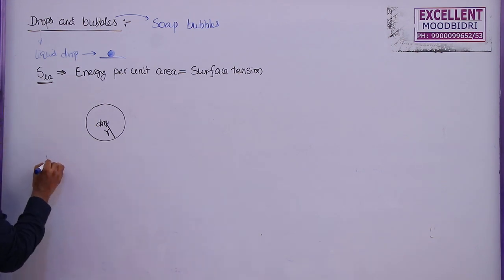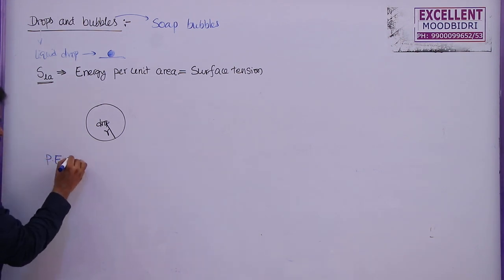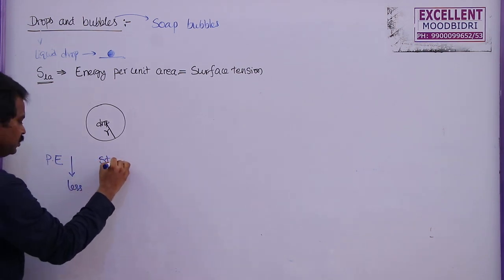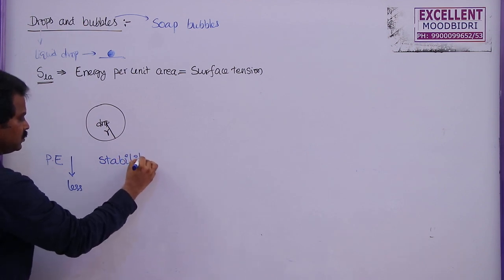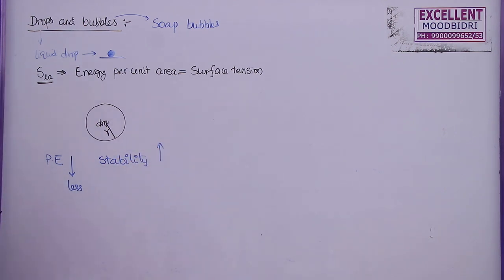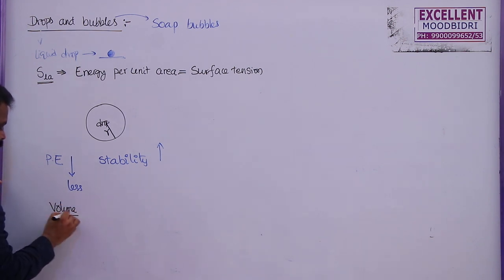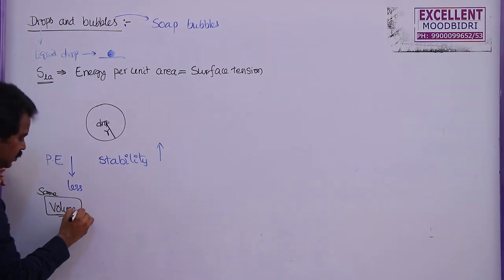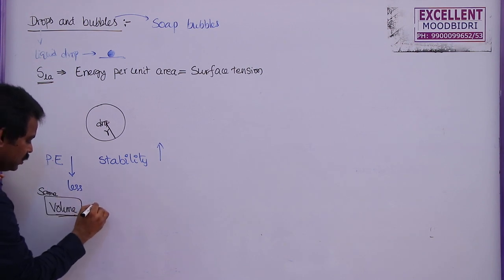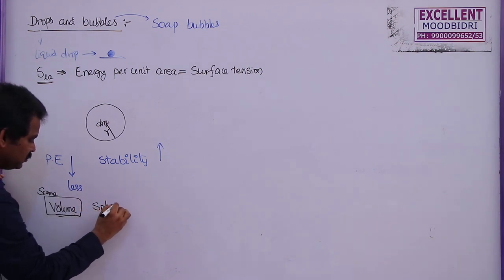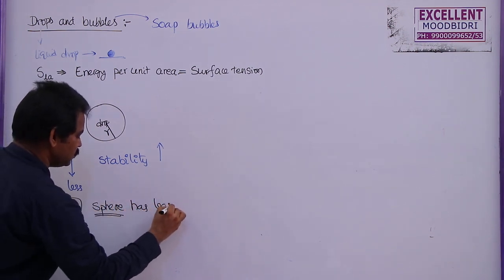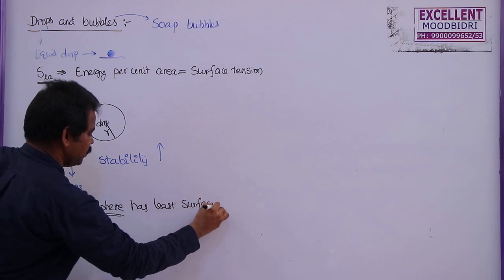Remember students, as we discussed earlier, if the potential energy of a body is less, the stability will be more. If you take different bodies having the same volume in geometrical shapes, it is found that a sphere has the least surface area for the same volume.